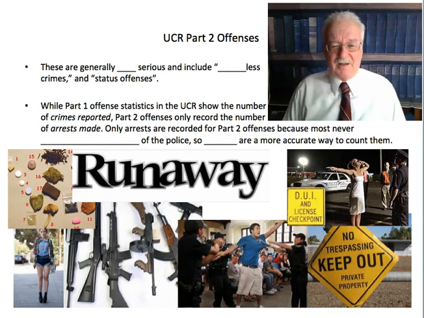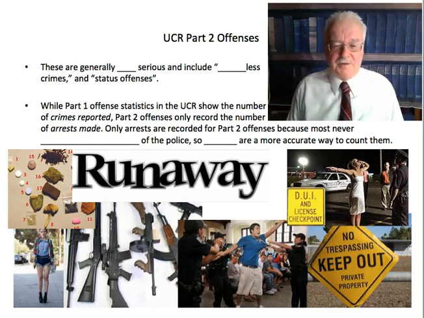So because the reporting is very low, we generally, and another reason why is that in Part 2, in these minor offenses, very often the arrest numbers are actually driven by the activities of the police. So if the police decide to do a crackdown on prostitutes, you'll have more arrests for prostitutes.